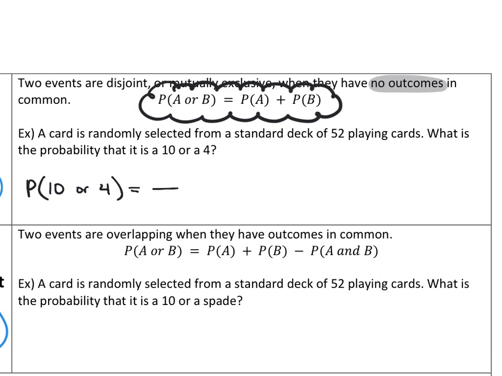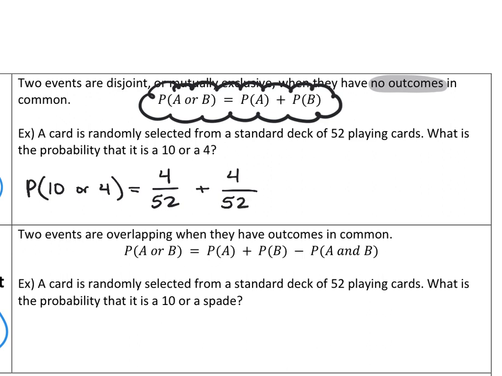How many 10s do you have in a deck of cards? How many suits were there? There's 4 10s in an entire playing card deck out of 52 cards total. How many 4s are there in an entire deck of cards? Also 4.